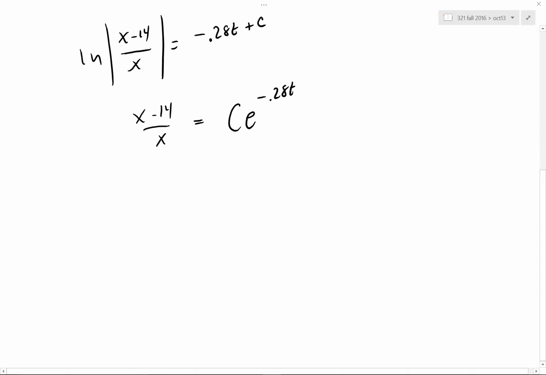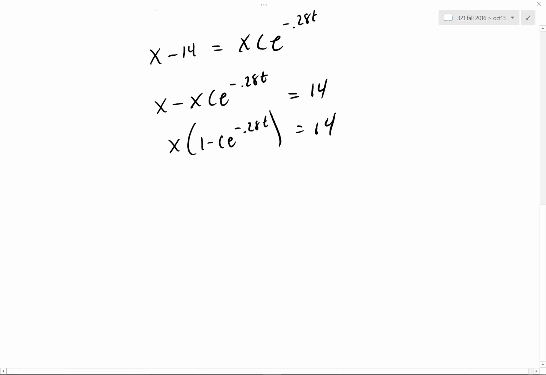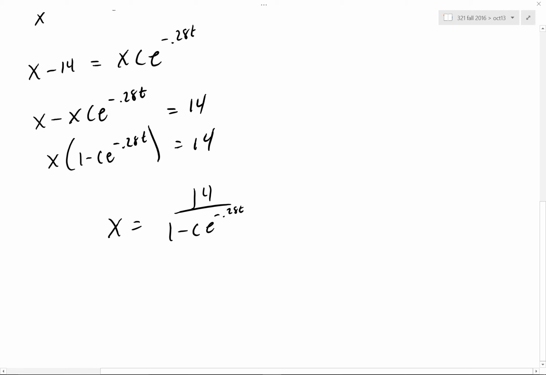Multiply by x to both sides. Subtract. Factor out. Okay, we know at 0 it's 3, so 3 is equal to 14 over 1 minus c, so 14 thirds.